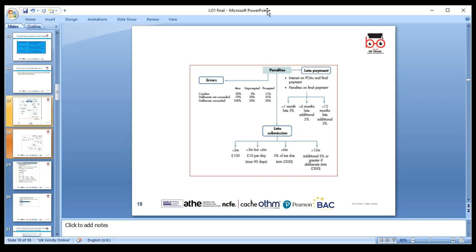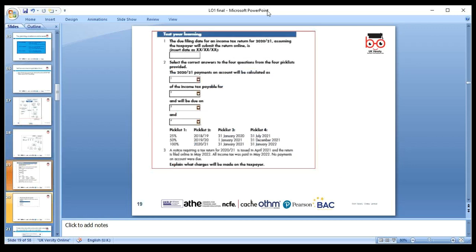If more than 6 months, £10 per day. That's a huge area that people are missing. At 6 months, 5% of the tax due, minimum £300, maximum can go more. So these are all implications we need to inform clients about for the self-assessment.